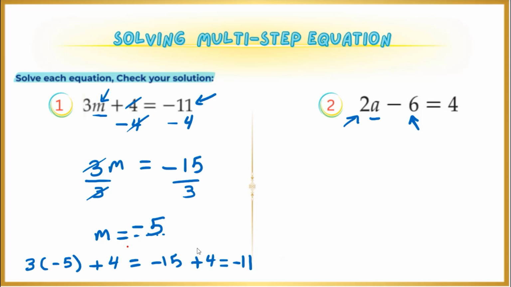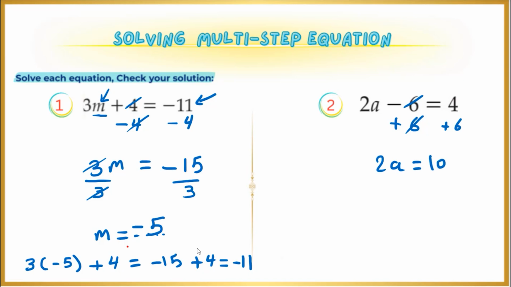How can we cancel minus 6? The opposite of minus is plus 6. If we do plus 6 on the left side, we should do the same on the right side. Now 6 minus 6 here will be 0. We have 2a left here. On the other side, 4 plus 6 will be 10.